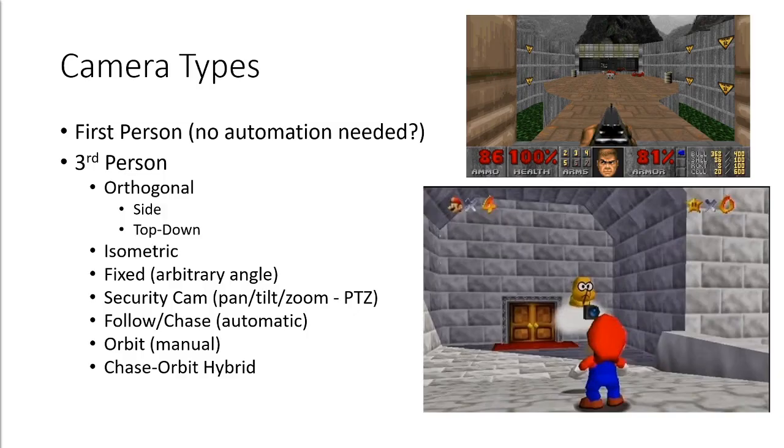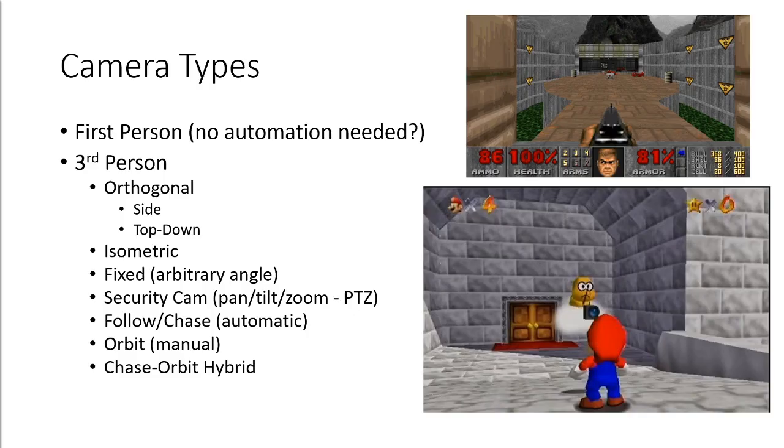Then there are some other styles that you see, such as security camera type positioning. So this is where there's a camera in a room, and a character can enter the room, and it'll be shown from that particular perspective. And it may or may not involve some degree of pan, tilt, zoom. But quite commonly, I think these tend to be fixed.